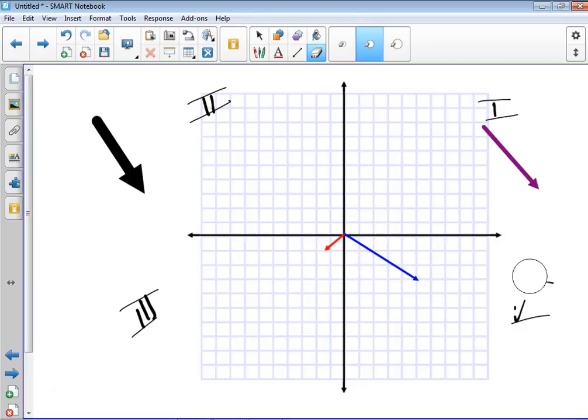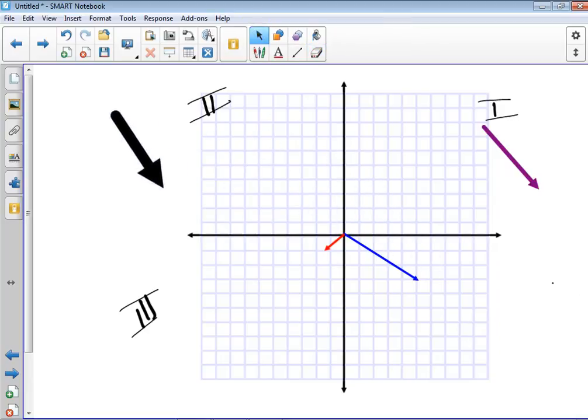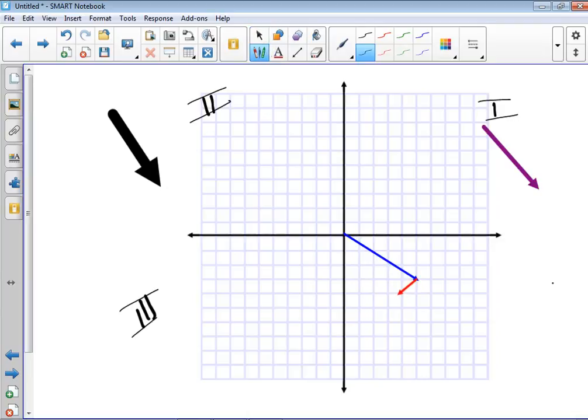The other way to do it is the tip to tail method. So what I would do is sketch the blue vector that you see there. Just sketch the blue one. And then take the red one and draw it starting at the tip of the blue, as if there was a coordinate system here with an x and a y-axis, and sketch the red vector down like that.